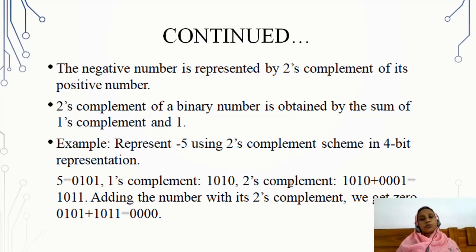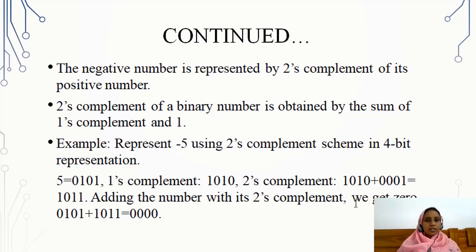Now to get the 2's complement we have to add 1 to 1 0 1 0. This gives us 1 0 1 1. Adding the number to its 2's complement, we get 0. 0 1 0 1 plus 1 0 1 1 gives us 0 0 0 0.